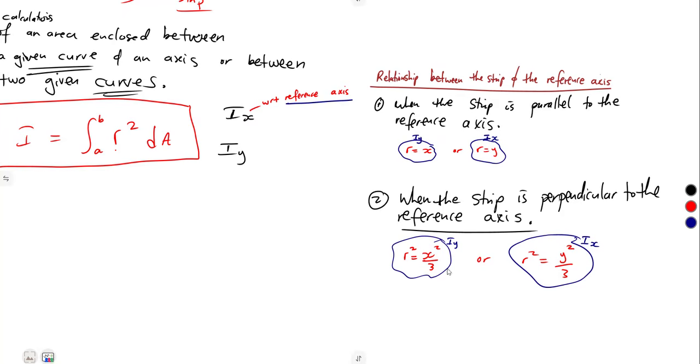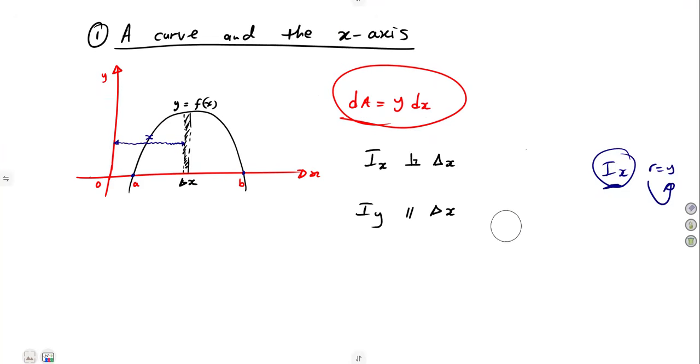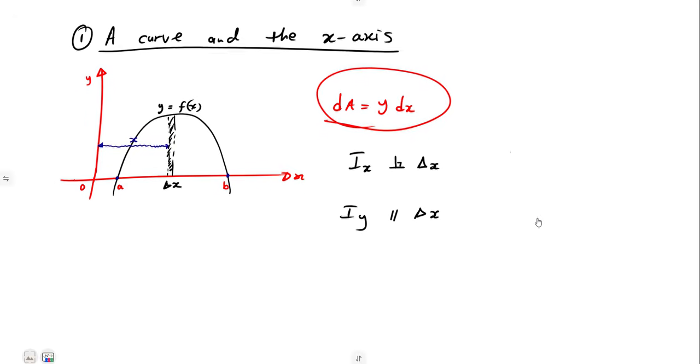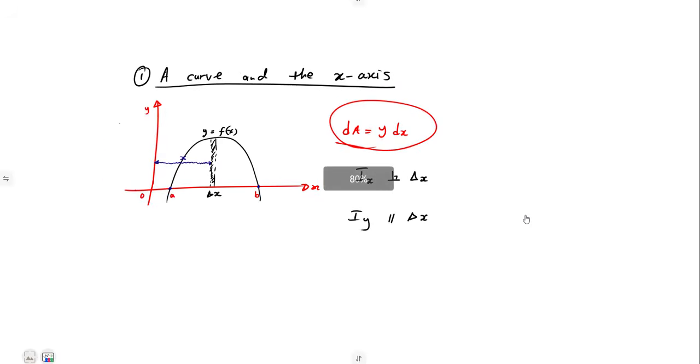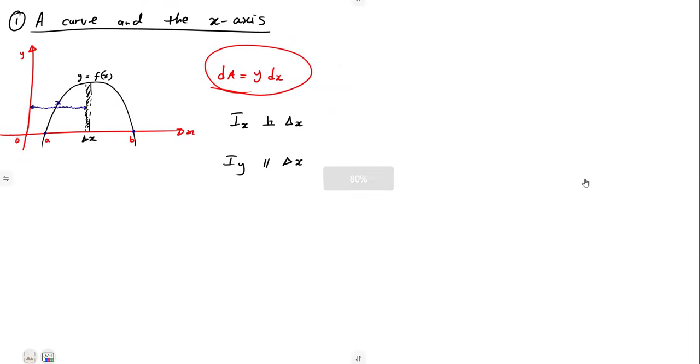So using this condition, let's put it into consideration from this part. There we have a curve and the x-axis. Let's say the question was asking you to calculate the second moment of area with respect to x.